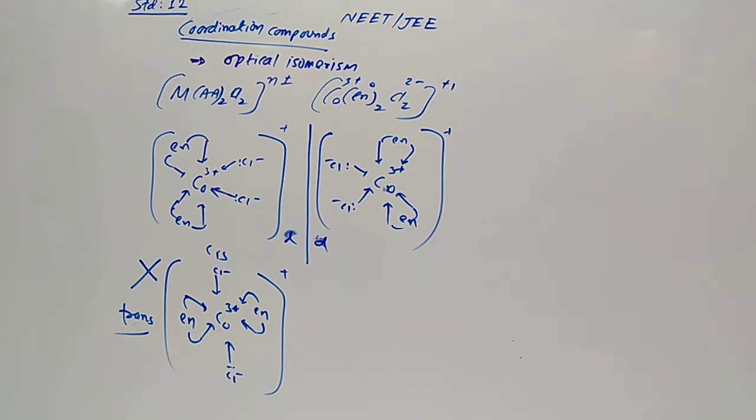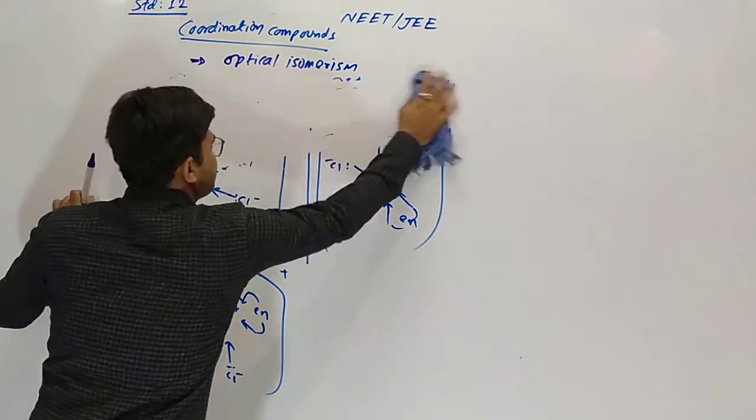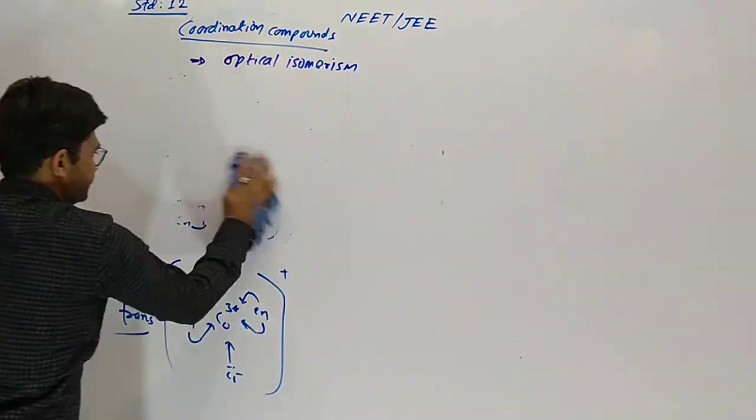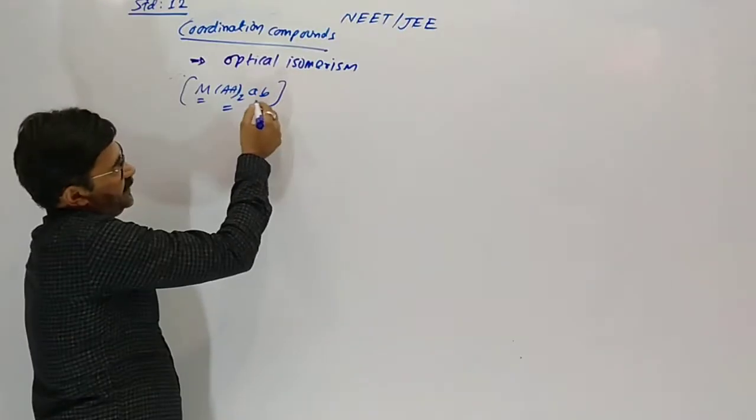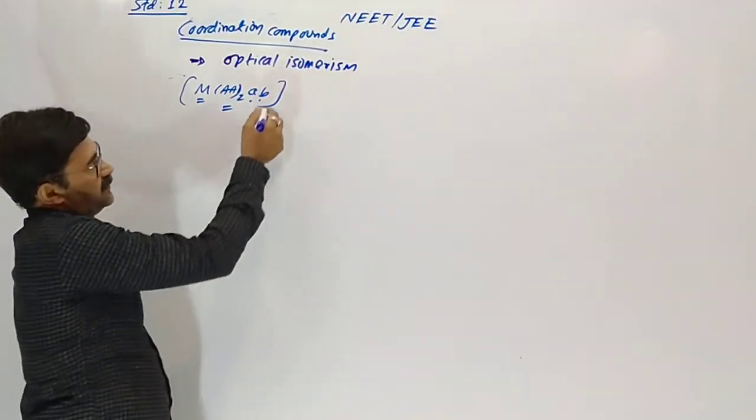Now, what about M(AA)2AB, plus or minus n? M(AA)2AB means a metal with 2 didentate and 2 monodentate ligands.